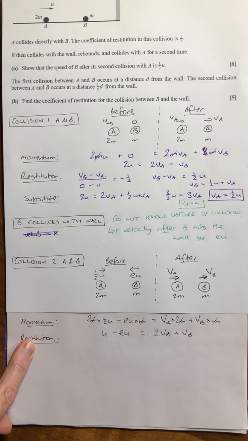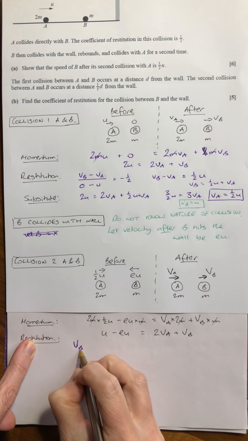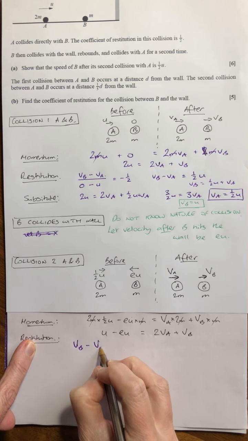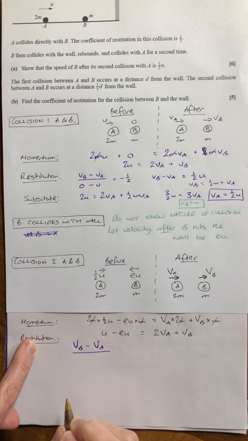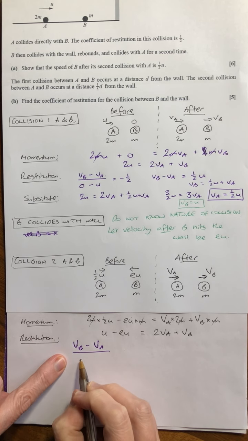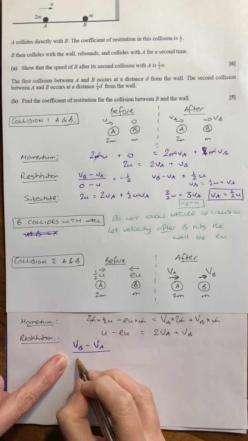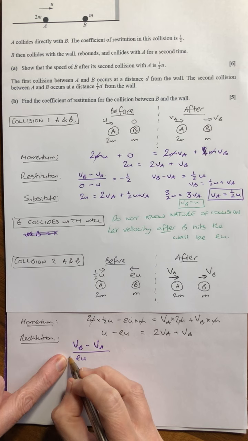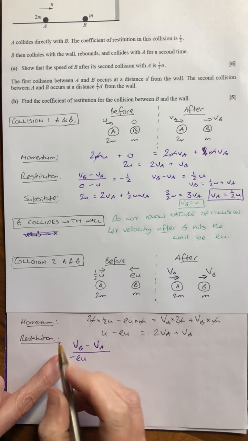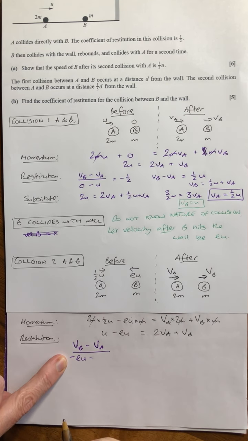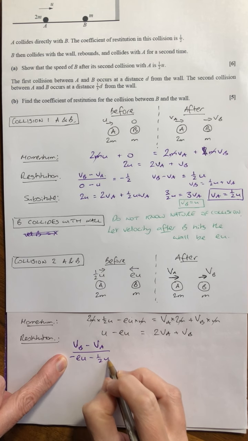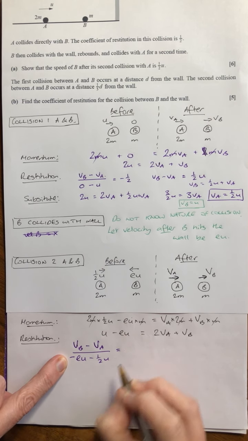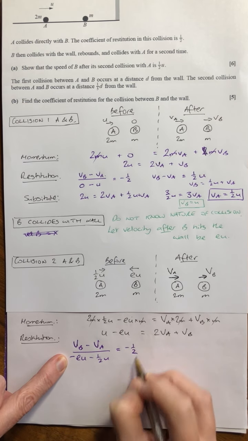Now my restitution equation. So big VB minus big VA over, so I want the initial velocity of B, which is EU. It's minus EU, isn't it? Because that's in the other direction, minus a half U. And I know that this is equal to negative a half.